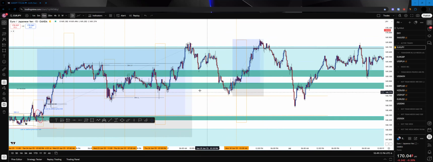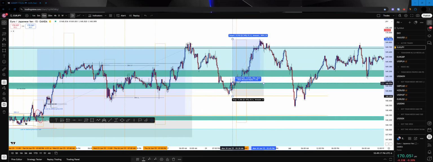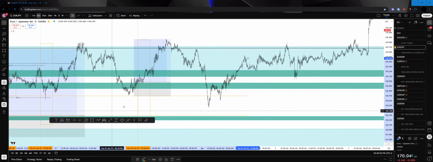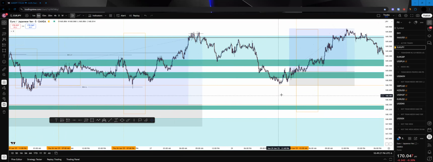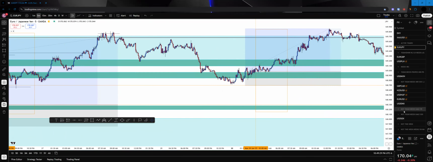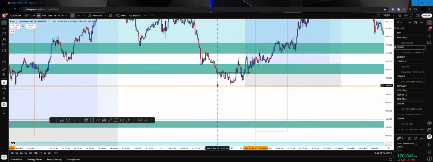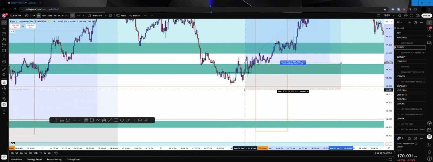Yeah, plus 5 pips. This is on a lower time frame right there. So plus 5.